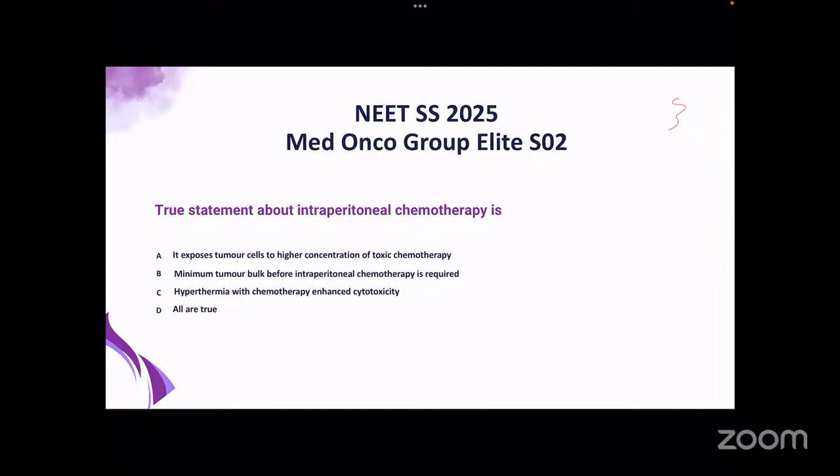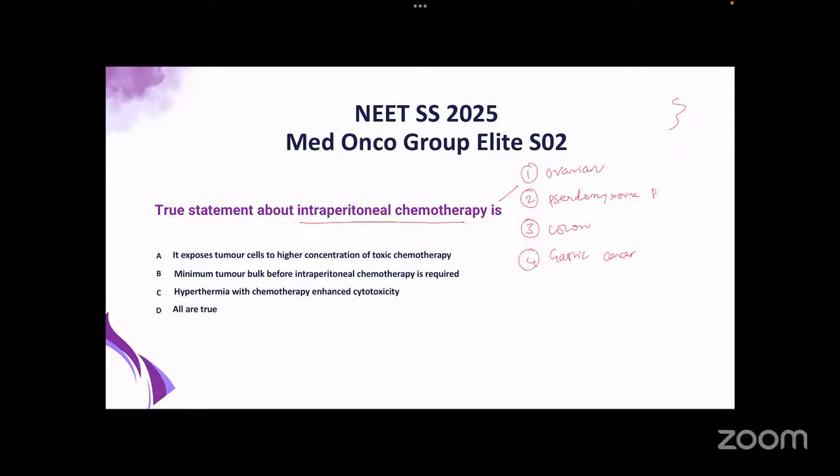So coming to the first question. True about intraperitoneal chemotherapy. So what is intraperitoneal chemotherapy? Where is it used? Intraperitoneal chemotherapy is commonly used in ovarian cancer, pseudomyxoma peritonei, colon, and gastric cancer.